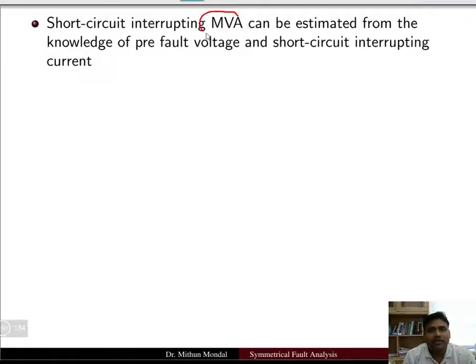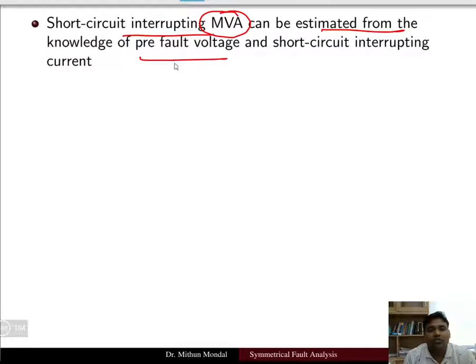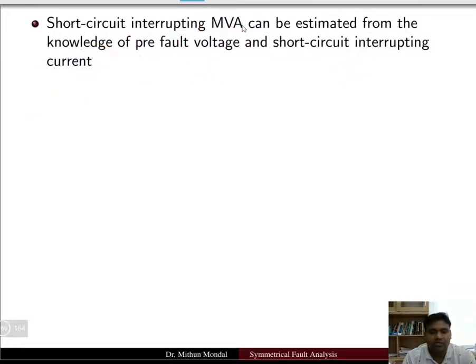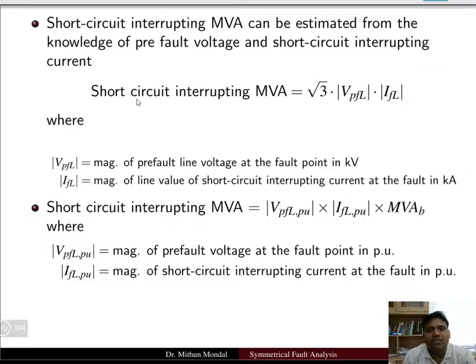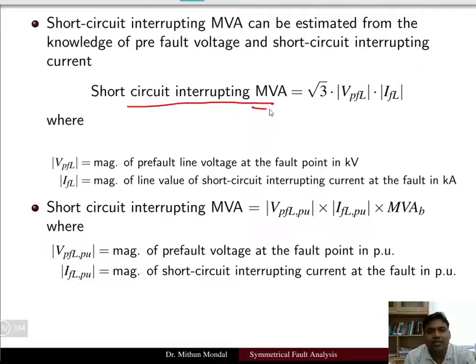If we are trying to obtain the MVA rating of the short circuit interrupting rating, it is estimated from the knowledge of the pre-fault voltage and short circuit interrupting current. So we require a voltage rating and current rating to obtain the MVA rating, and that is the pre-fault voltage. The equation for short circuit interrupting MVA is root 3 times the magnitude of the pre-fault line voltage, because L indicates line, which is why we are using root 3 here.